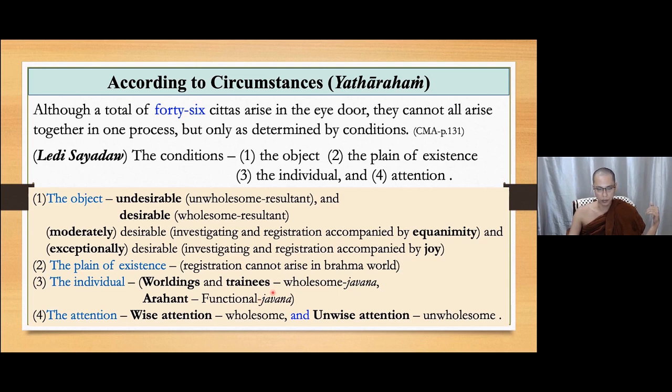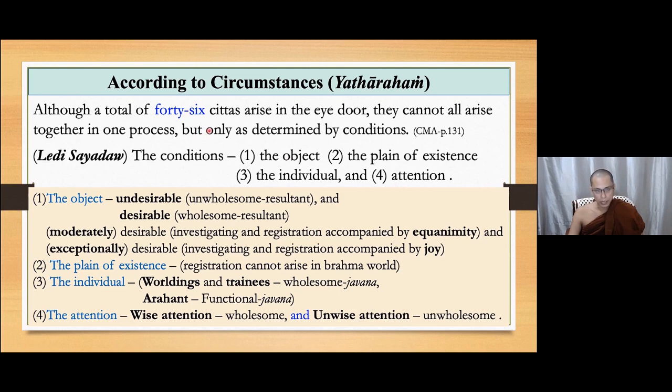That is the difference due to the individual. Then the last one, attention makes the determination. Wise attention for wholesome, unwise attention for unwholesome. They can be the condition for the consciousness. So this is how the Lady Sayadaw explained about the conditions.